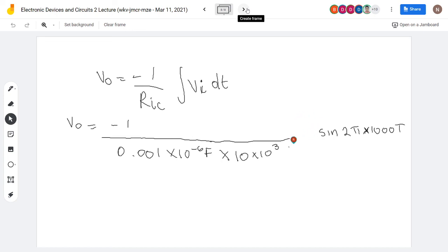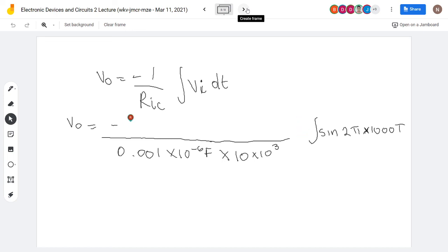You can actually put it even right here, it doesn't matter. So it's going to be minus 6 over all of this.